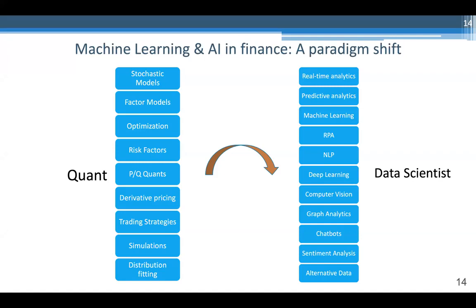Okay, so what has actually happened is in today's day and age, we have this whole confluence of new technologies which are being adopted in our investment practices. And this is augmenting some of the traditional methodologies which we have been using. Some of these methodologies include machine learning, robotic process automation, natural language processing, deep learning, leveraging graph analytics and computer vision, sentiment analysis.